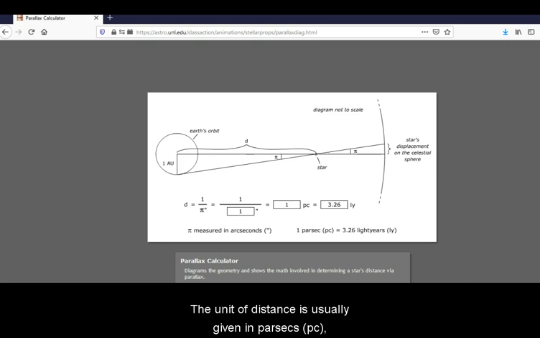The unit of distance is usually given in parsecs, which is the equivalent distance where the parallax will be observed to be exactly 1 arc second. This distance is equivalent to about 3.26 light years.